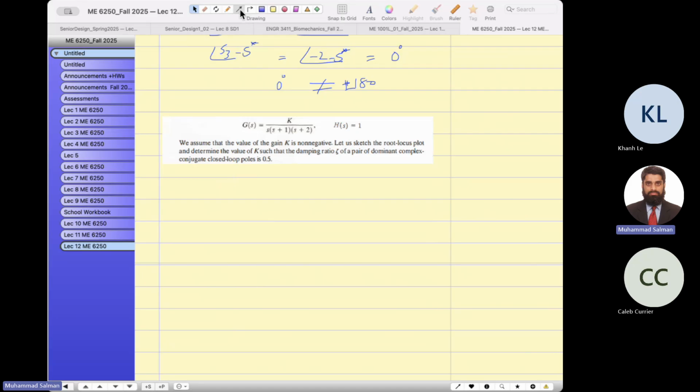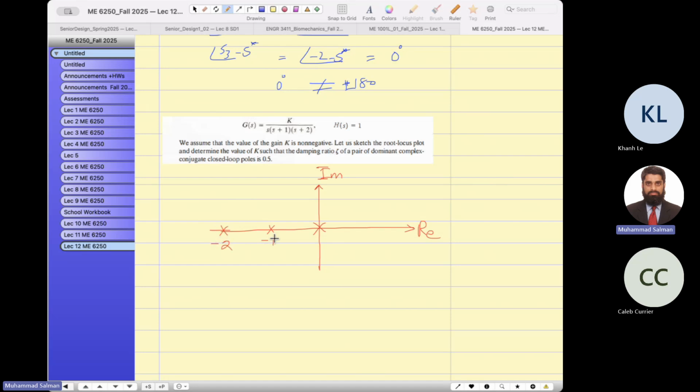So you always start from the open loop poles, and then tweak the gain. This is my imaginary axis, also known as the Laplace plane, or real and imaginary axis. Now look, the first pole is s equals 0, the second pole s equals -1, the third pole s equals -2.